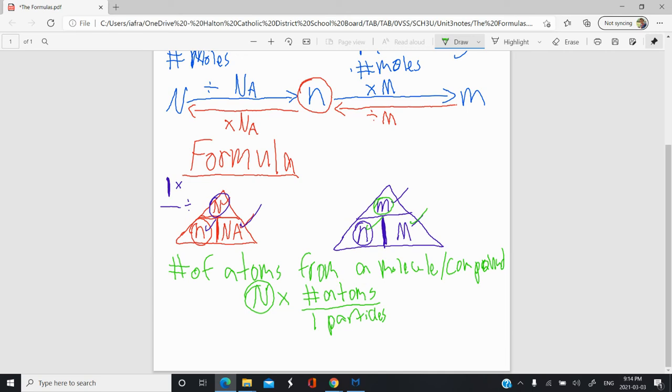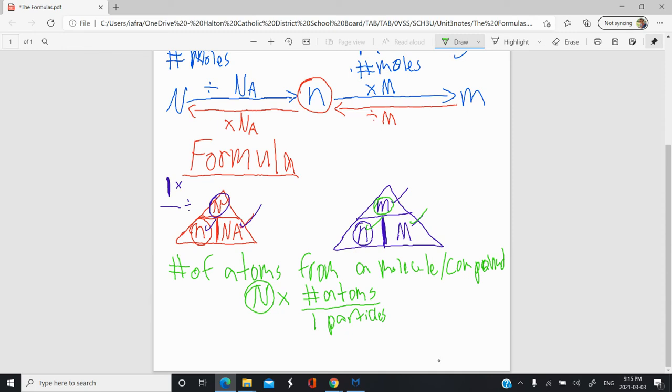And likewise, if you want to go backwards, so suppose you had the number of atoms and you want to find the number of particles from there, you would just do the number of atoms that you have, and then afterwards divide that by the number of atoms in one of the particles.